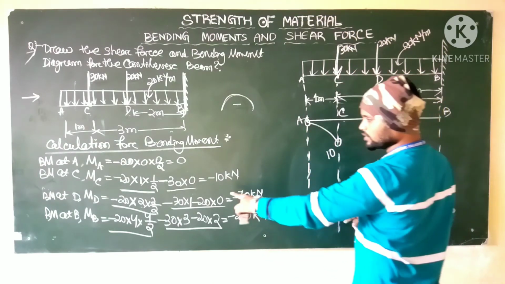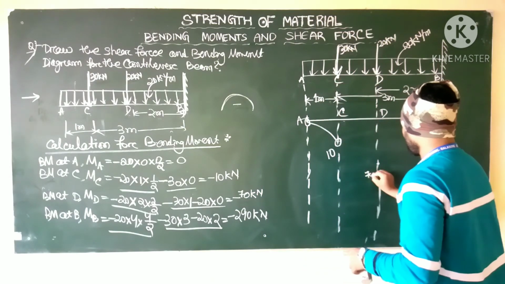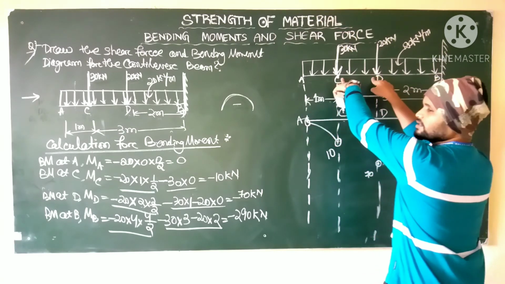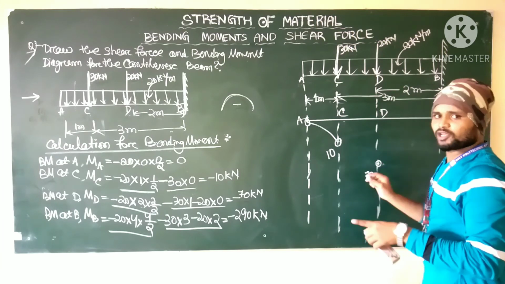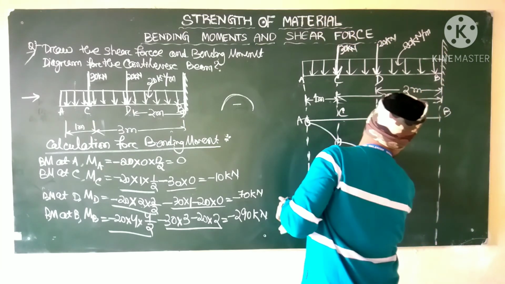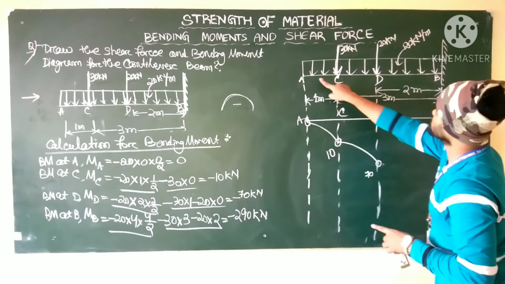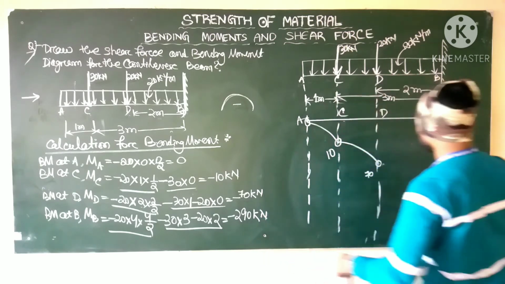Next at D it is minus 70. From C to D UDL is there, so if there is a UDL between 2 points, then the bending moment diagram is a parabolic curve. So this will be another parabolic curve, because UDL is there. Now at point B it is minus 290.